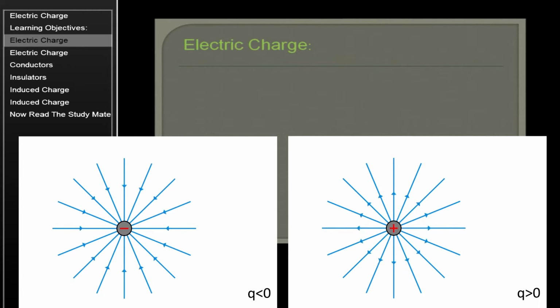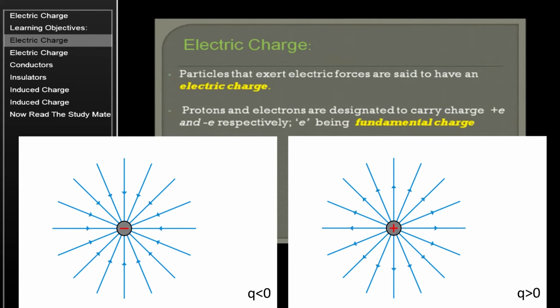Protons and electrons are designated to carry positive and negative charge respectively, with e being the fundamental charge. The above discussion suggests that charge is a basic property associated with the elementary particles.